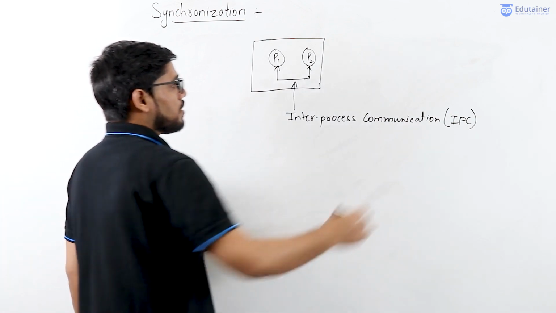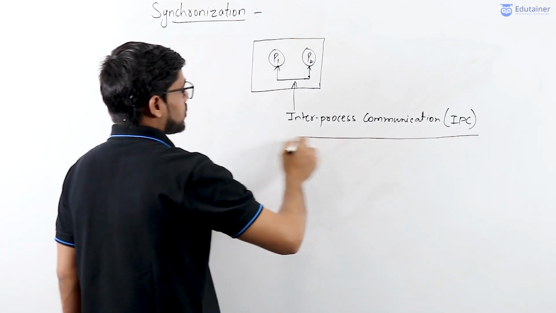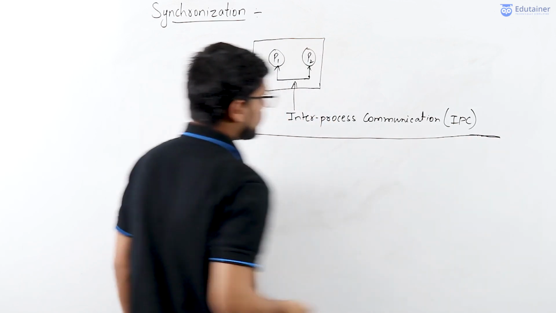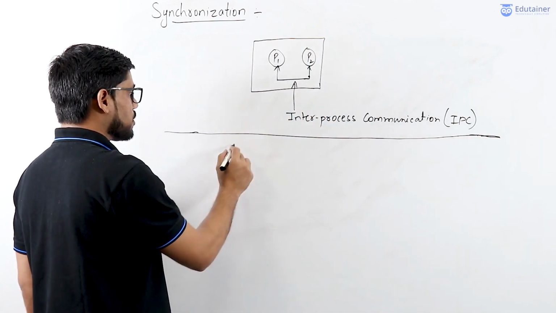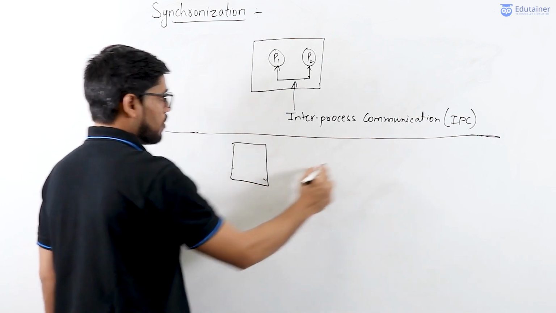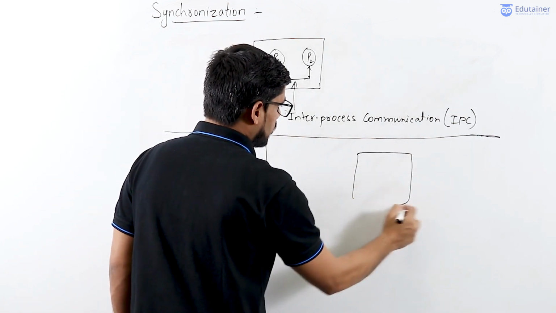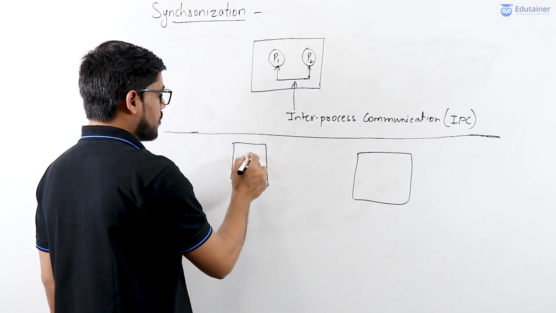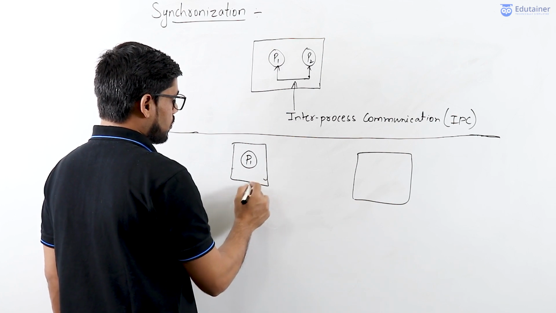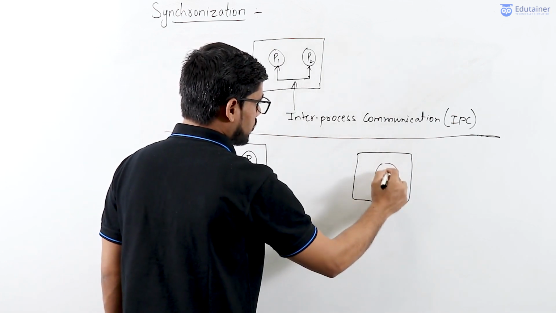But what happens if the two processes are present in two different computers, and the computers may be situated at a very long distance from each other? Then there is a concept of networking. Let's say here computer 1 and here computer 2.